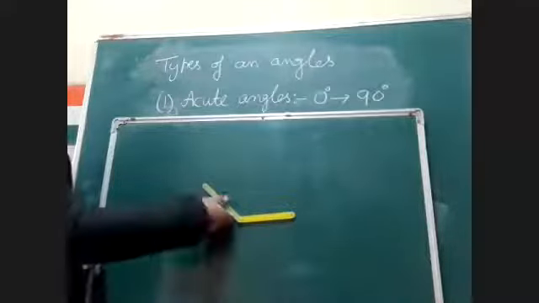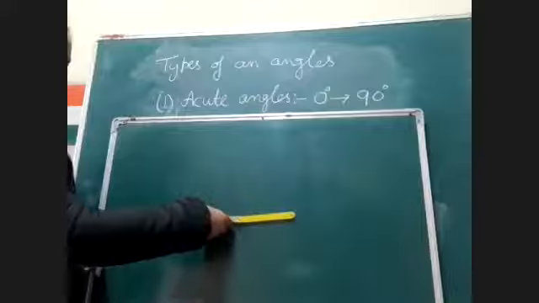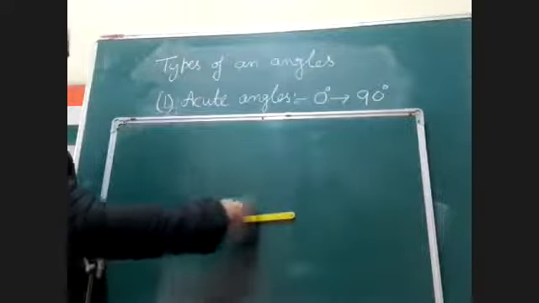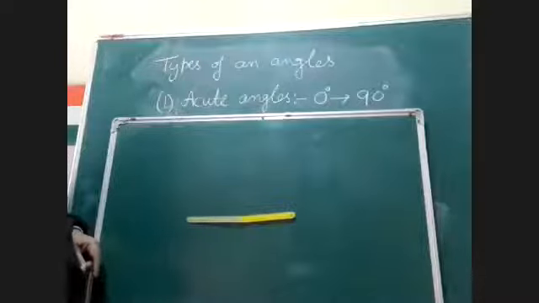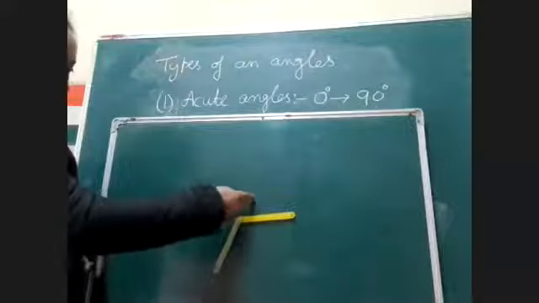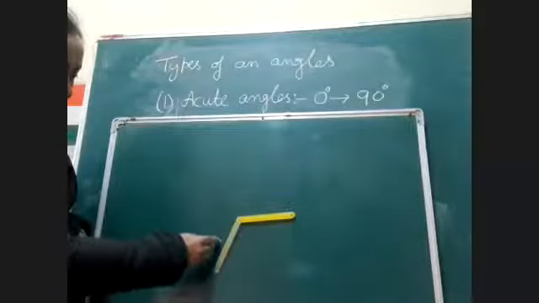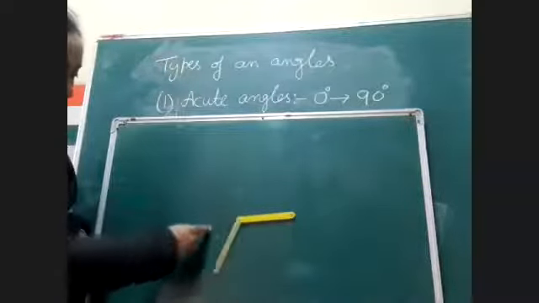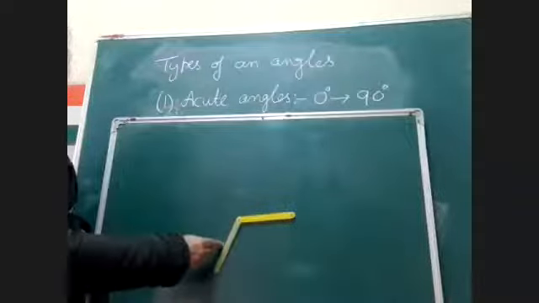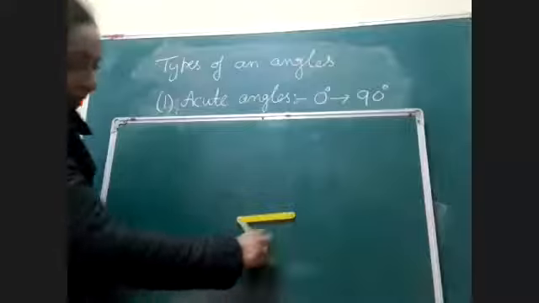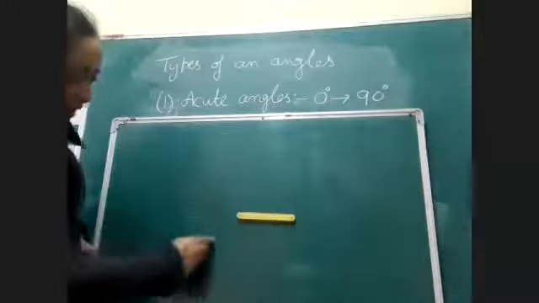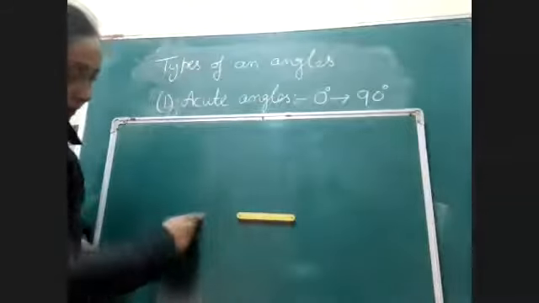Now straight. This angle is 180 degrees. Now increase. This is a reflex angle. The measure of this angle is more than 180 degrees. At last, this is a complete angle.